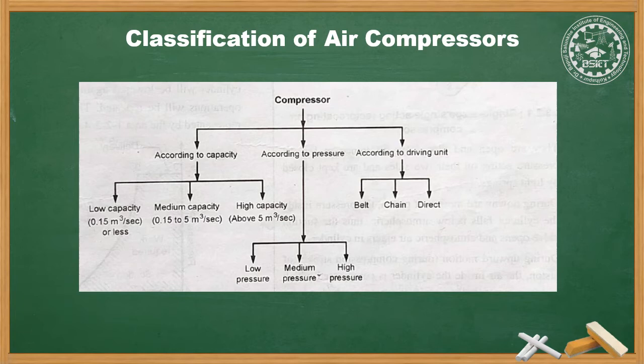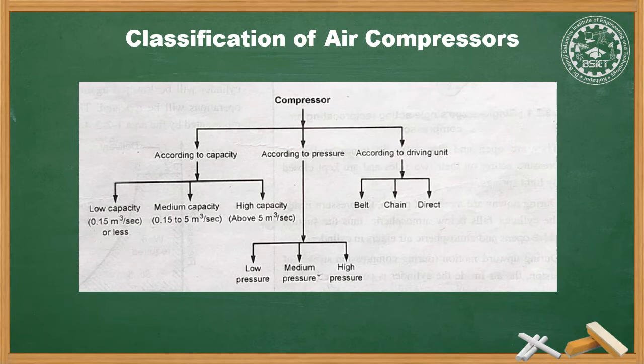According to the capacity, that is delivering capacity, compressors can be classified as low capacity, that is 0.15 meter cube per second or less, medium capacity 0.15 to 5 meter cube per second, and high capacity, that is above 5 meter cube per second. According to the pressure, the compressor can be again classified as low pressure compressor, medium pressure compressor and high pressure compressor.